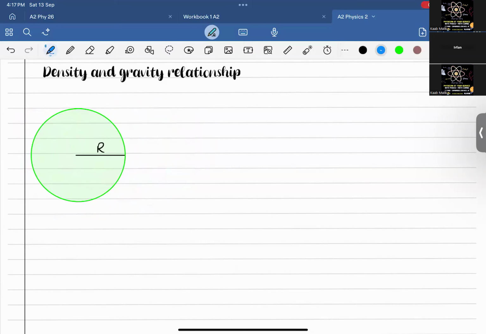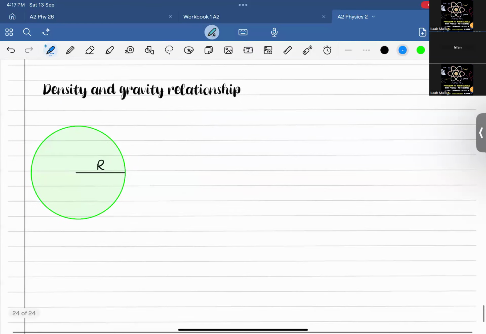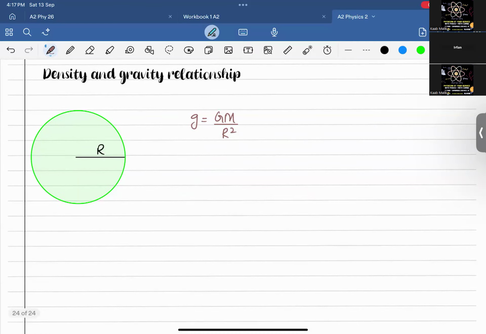The gravity relationship is g equals GM over R squared.